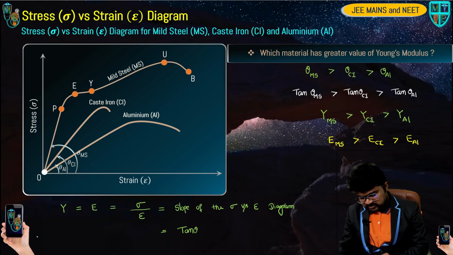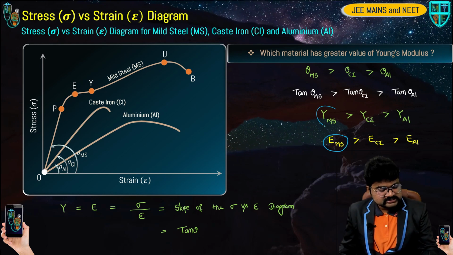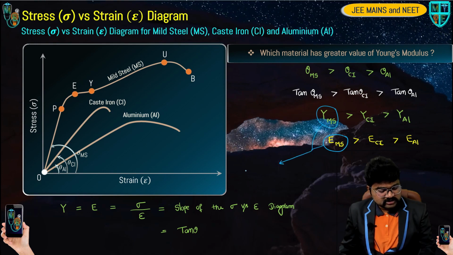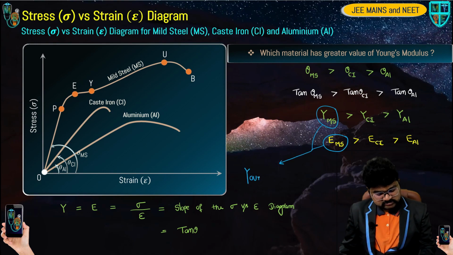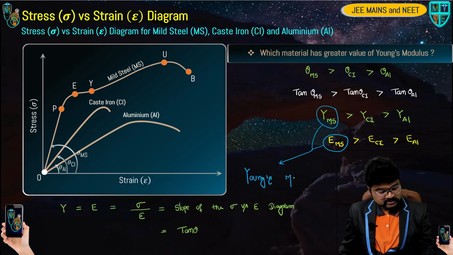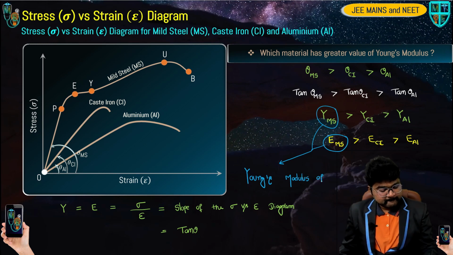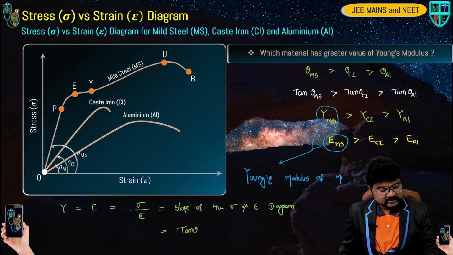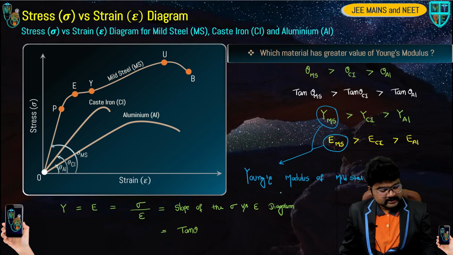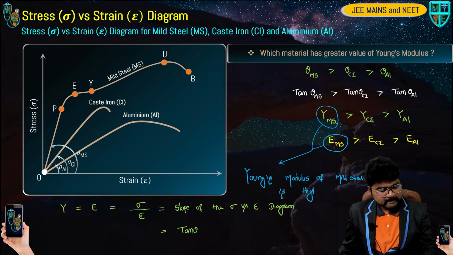So here you can confidently say the Young's modulus of mild steel is higher. Mild steel is greater or higher. Understood?